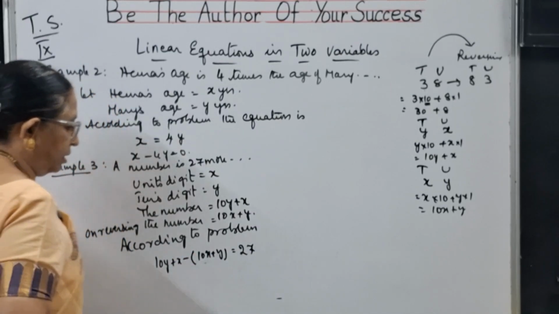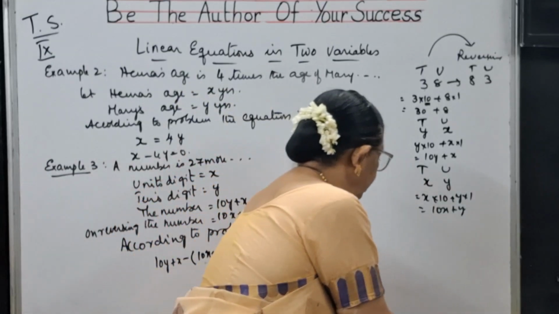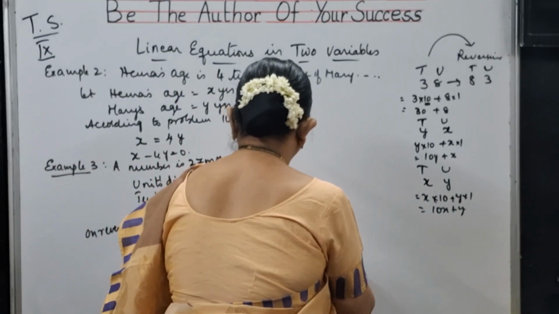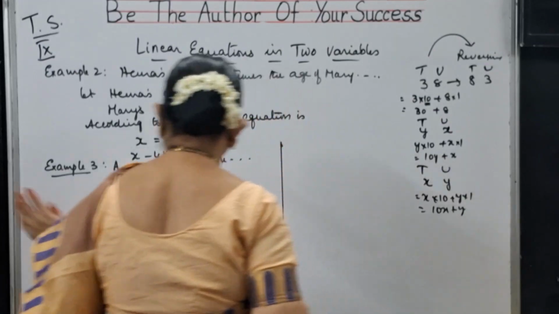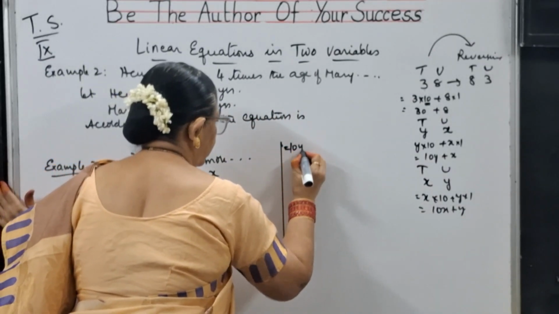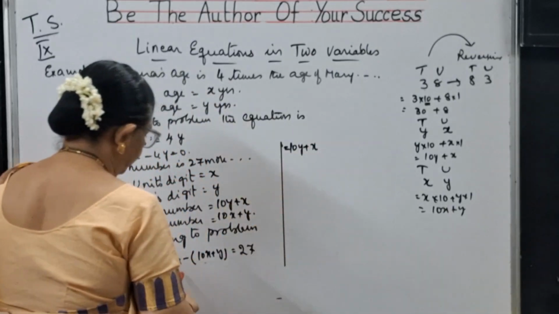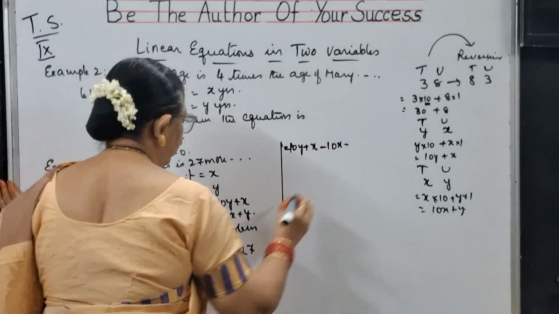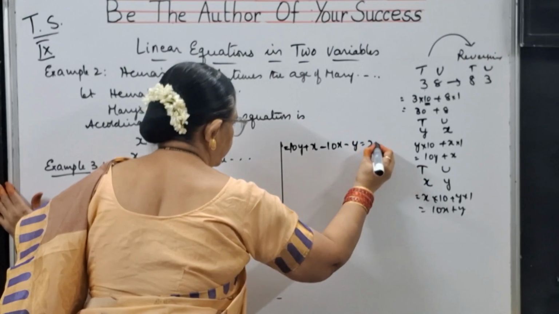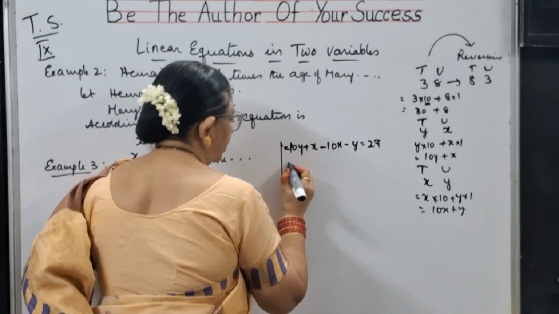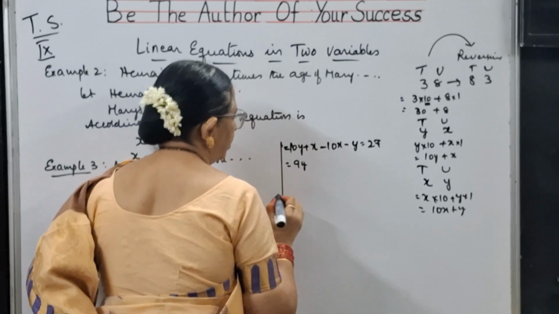So we will continue this here, children. This can be written as 10x plus y, minus, since minus is there, 10y plus x, is equal to 27. That means 10x minus x is 9x, and y minus 10y is minus 9y.